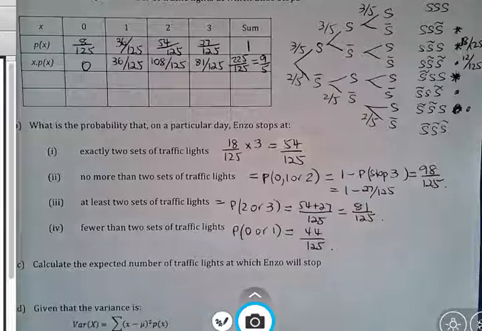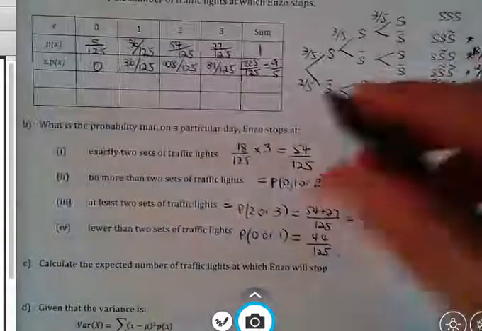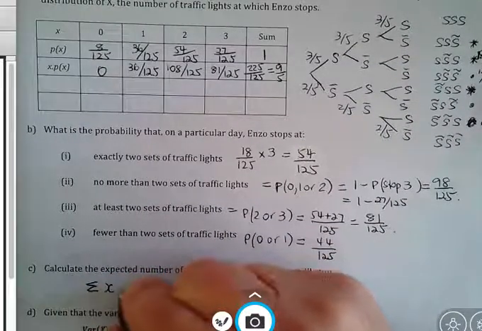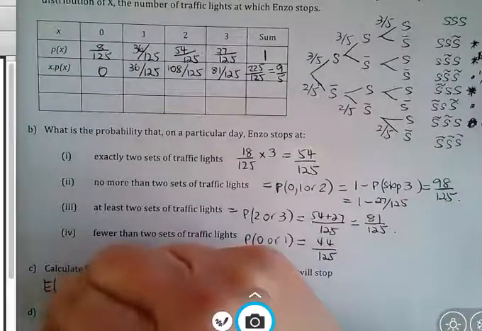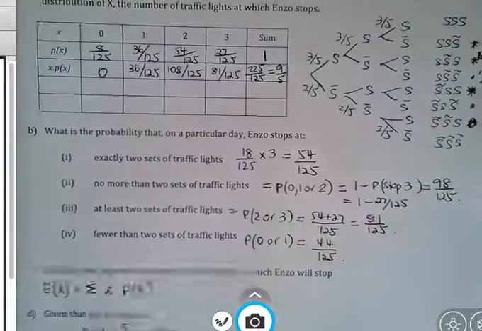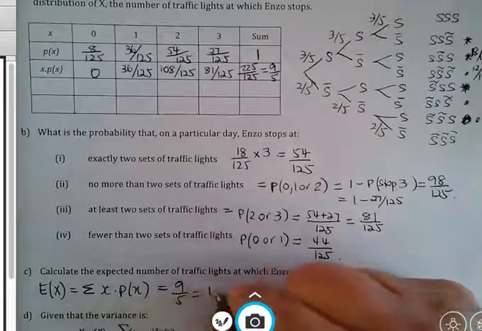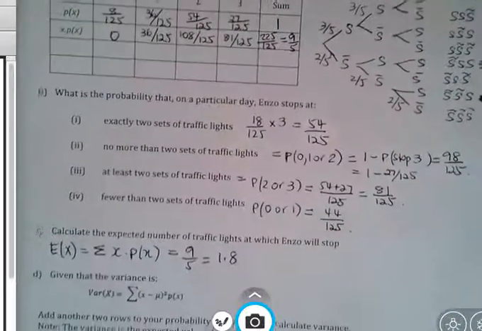So just going through the solutions here, the expected number of traffic lights at which Enzo will stop, that is the sum of the x times px values, which is 9 over 5 or 1.8. So it's expected to stop at 1.8 traffic lights.